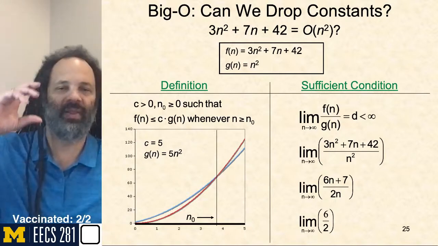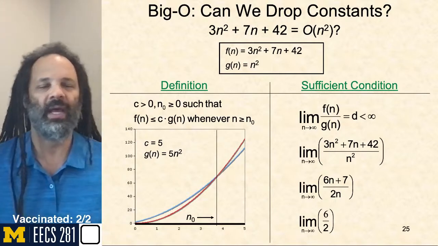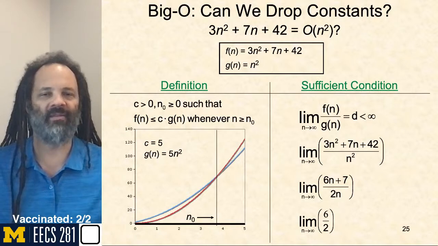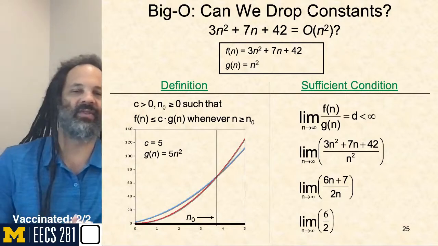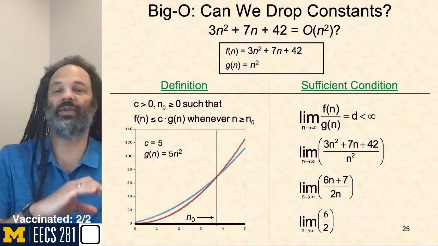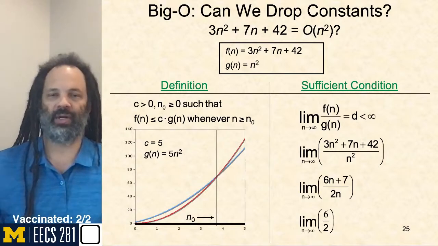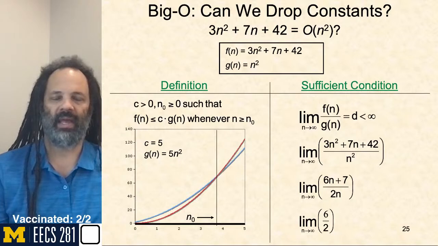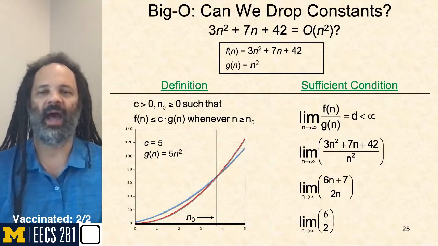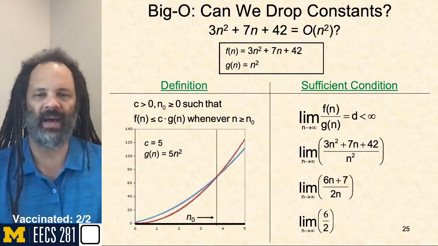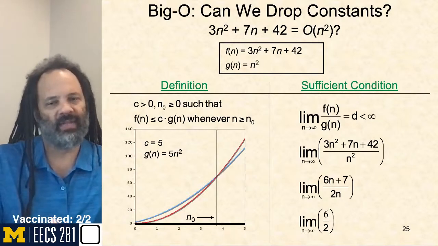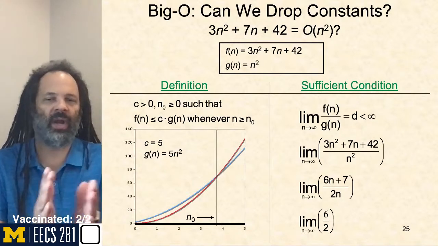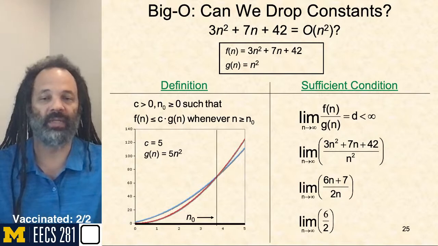There's 3n squared plus 7n plus 42. So at really small values, 3n squared plus 7n plus 42 is larger than 5n squared. And those really small values are what n sub 0 is all about there. In the graph, there's that line at n sub 0, somewhere about 3 3/4.